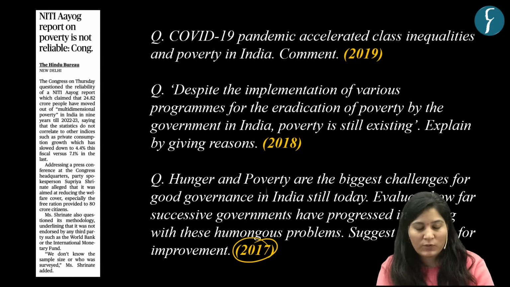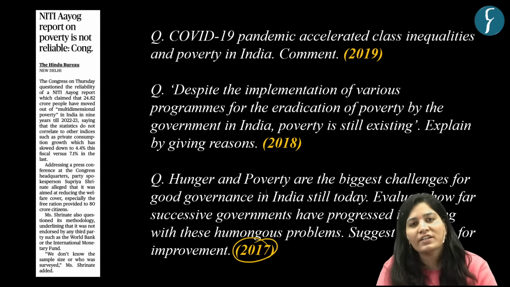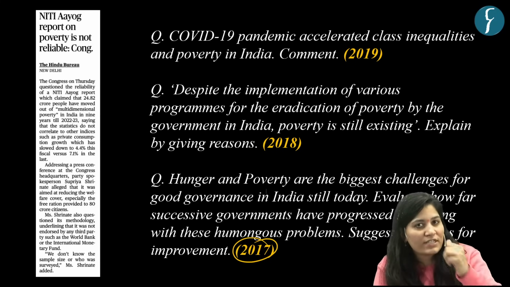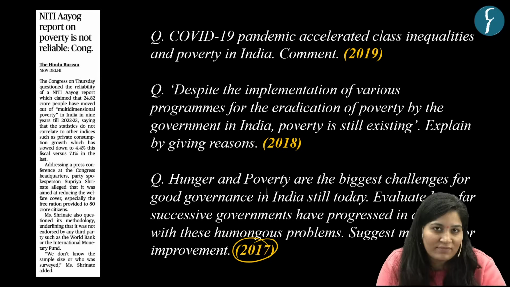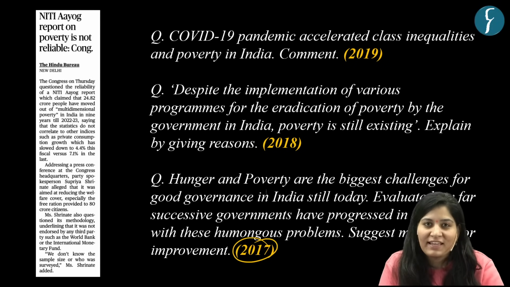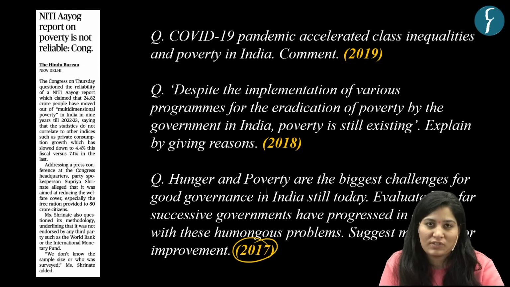Let me ask you one question: do you think that with more government schemes, the government could eradicate poverty completely? No. Then what made you say no is the answer to this question.